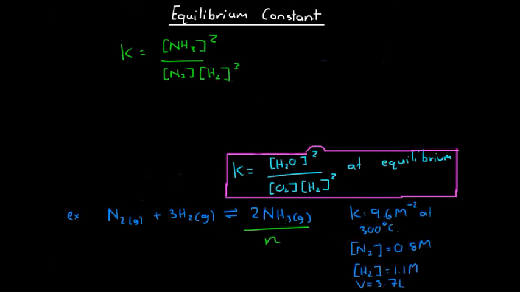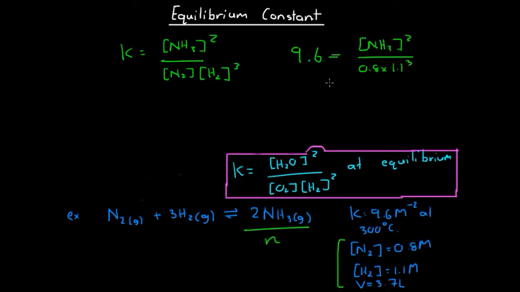So we're looking at how many mole in this mixture, the mixture given by these parameters, at a temperature of 300 degrees Celsius. If we sub in our values, then we know that 9.6 is equal to the concentration of ammonia squared divided by 0.8 times 1.1 cubed.